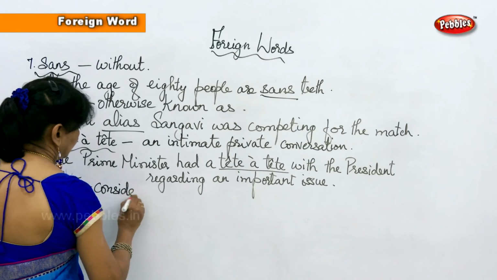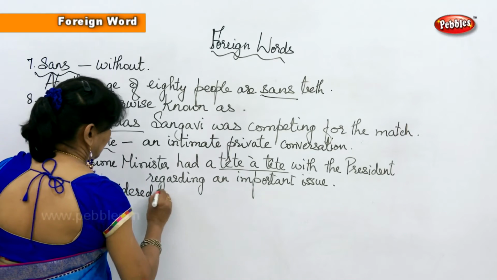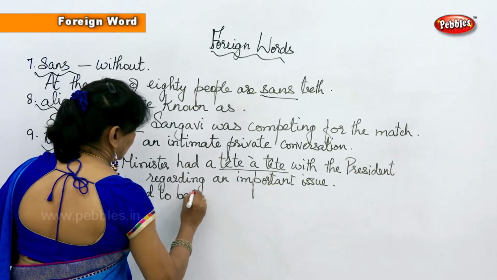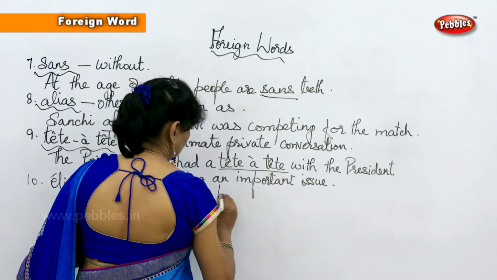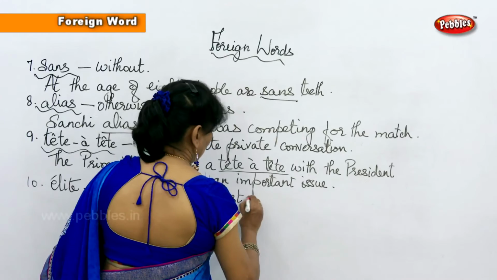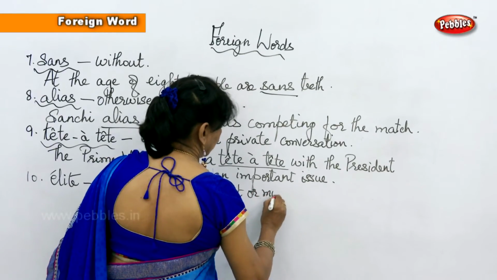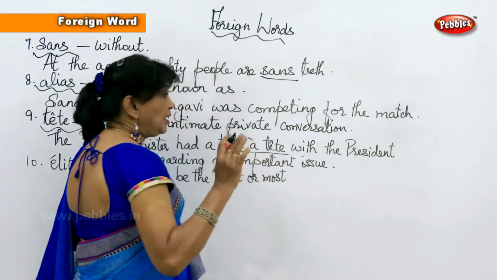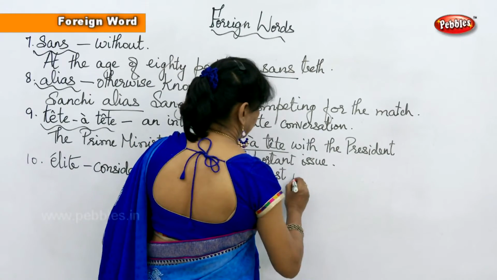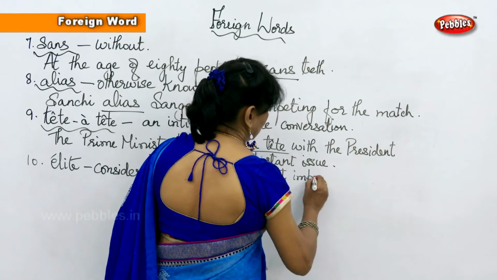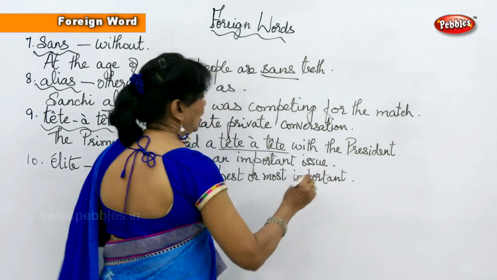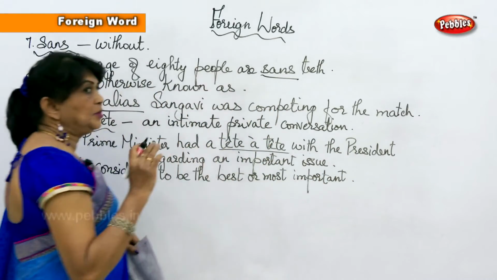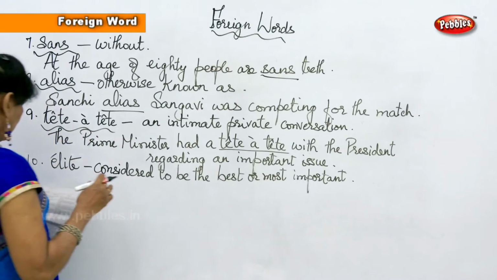Considered to be the best or most important. The elite crowd, we say. Okay, the elite crowd means the most important crowd.